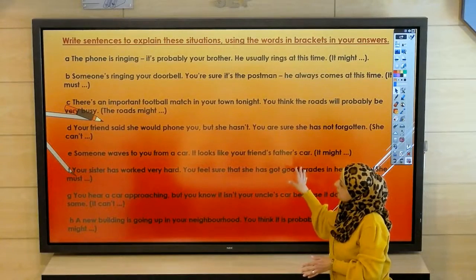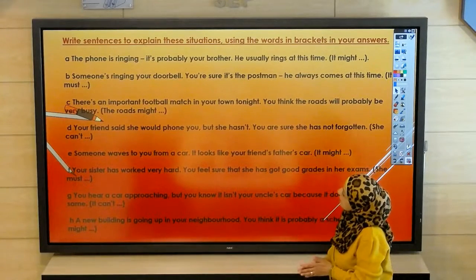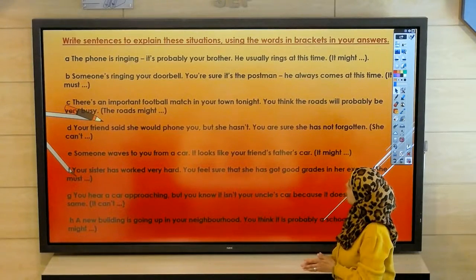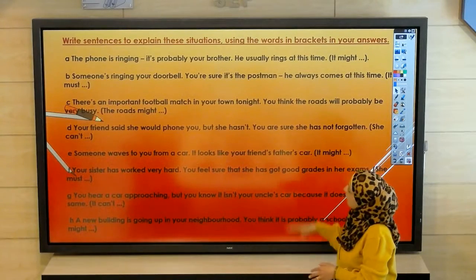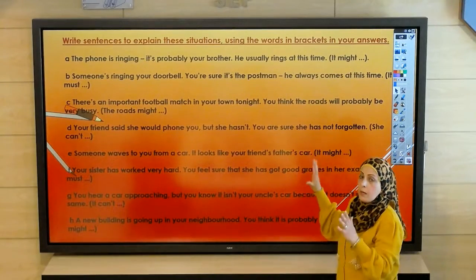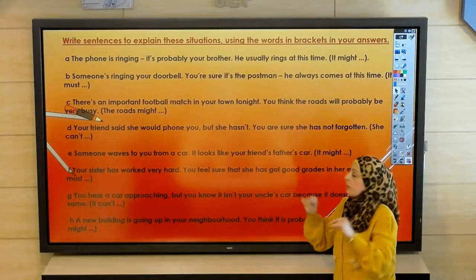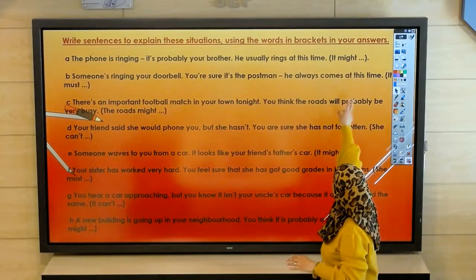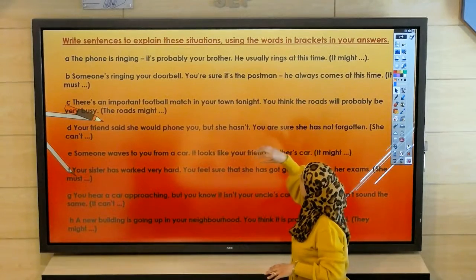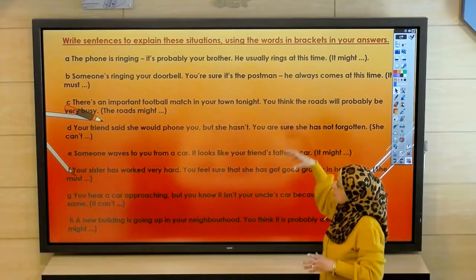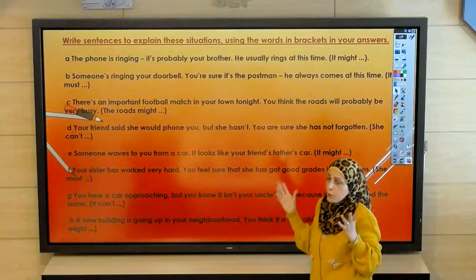We have this exercise. Write sentences to explain these situations using the words in brackets in your answers. Notice here, try to answer without looking at the words given to us between brackets. A. The phone is ringing. It's probably your brother. You're not sure.